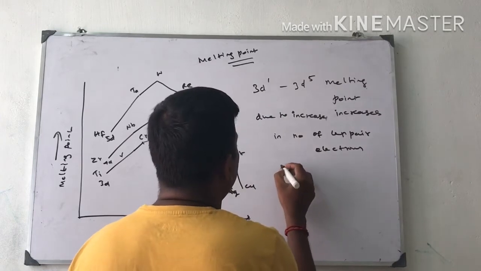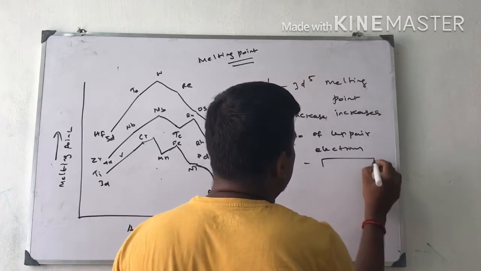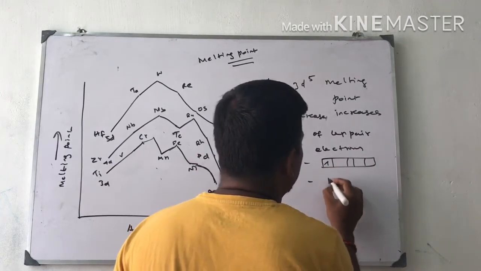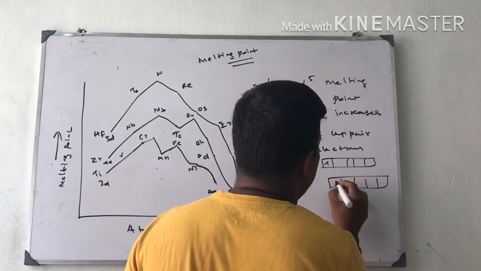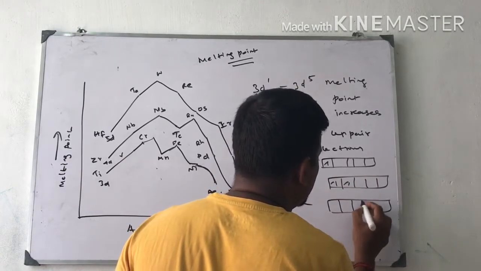Up to 3d1, 1 electron; 3d2, 2 electrons; 3d3, 3 electrons.